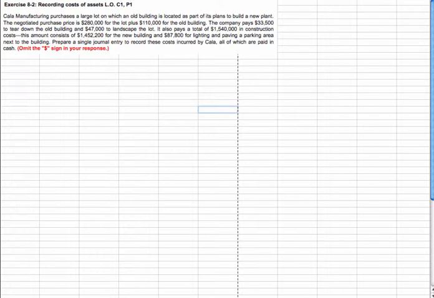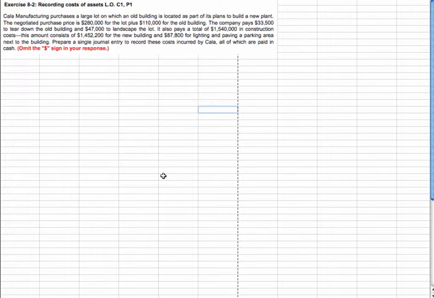And what this says is Calla Manufacturing purchases a large lot on which an old building is located as part of its plans to build a new plant. The negotiated purchase price is $280,000 for the lot plus $110,000 for the old building. The company pays $33,500 to tear down the old building and $47,000 to landscape the lot.